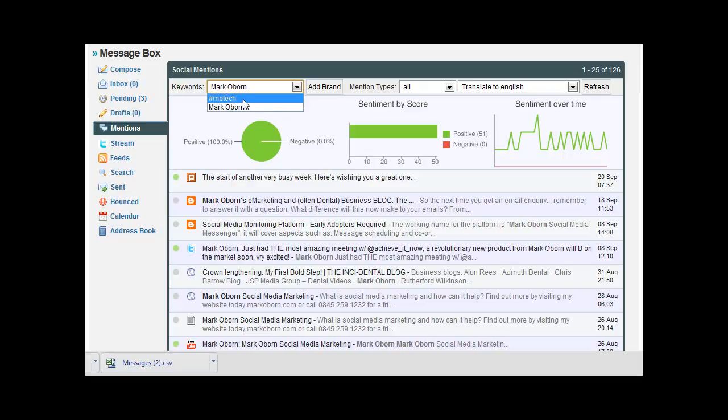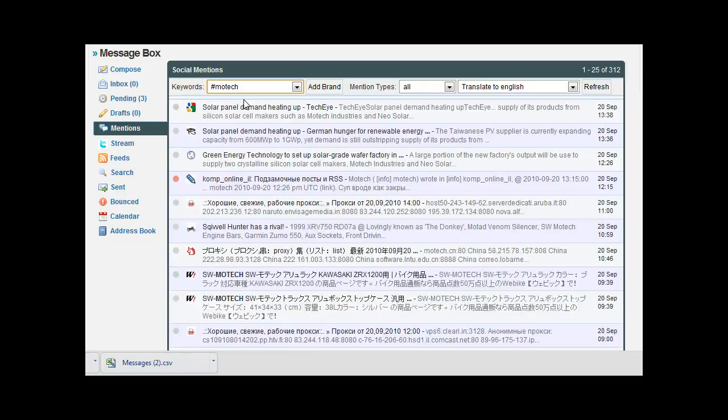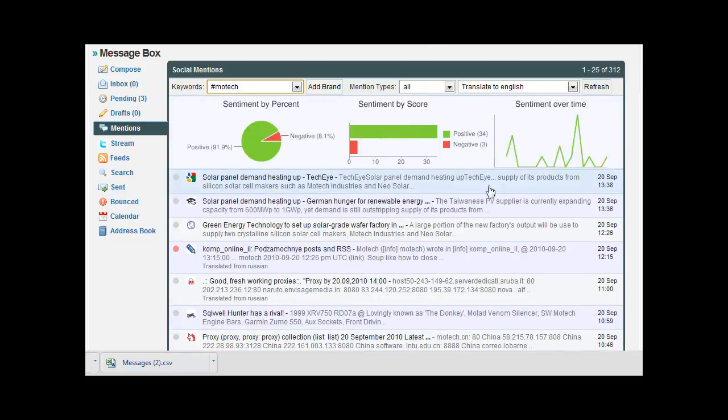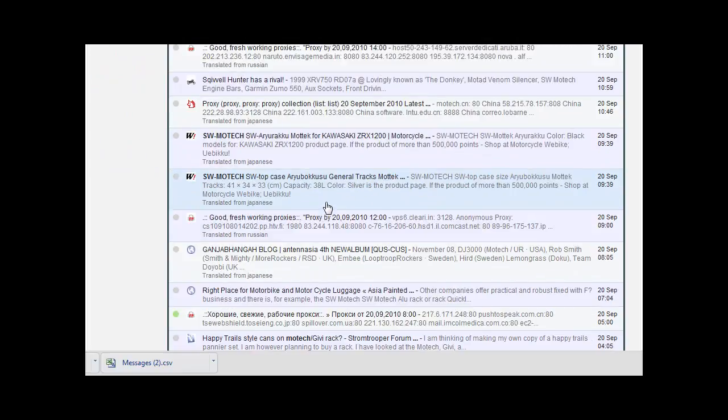This is a hashtag that I use. So if you use a particular hashtag every time that you send a tweet out, I can monitor that hashtag and see what people are saying around the internet. Now it just so happens that I use the hashtag that's used by someone else. So you can see how important it is that you use the correct hashtag if you want to use Twitter. So here you can see it's had 3 negative mentions.